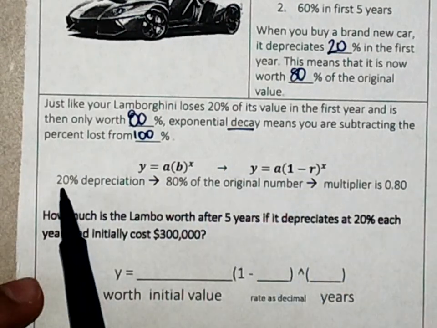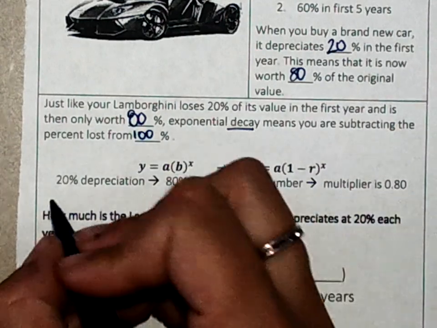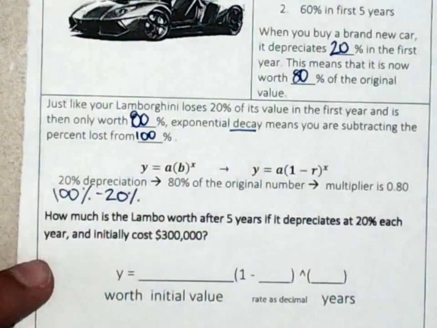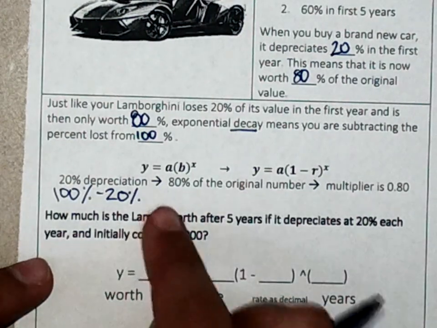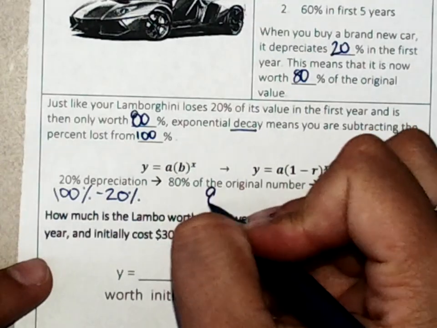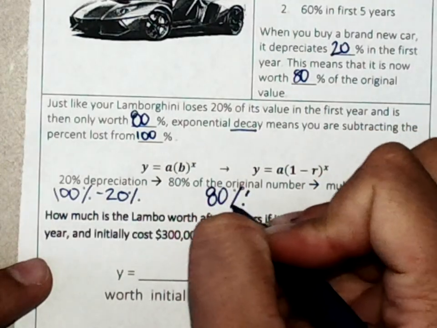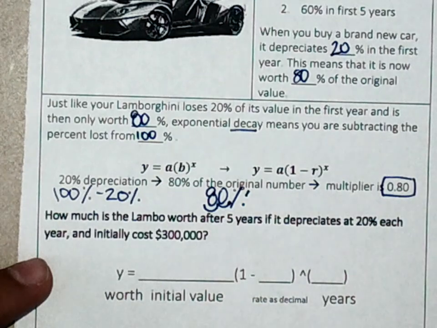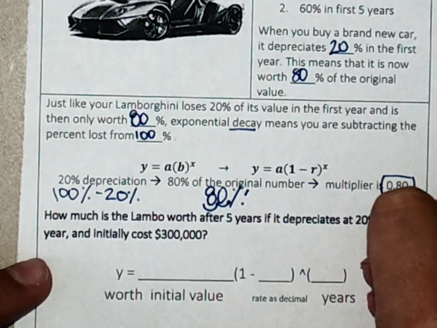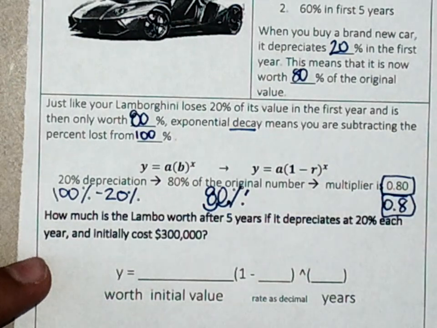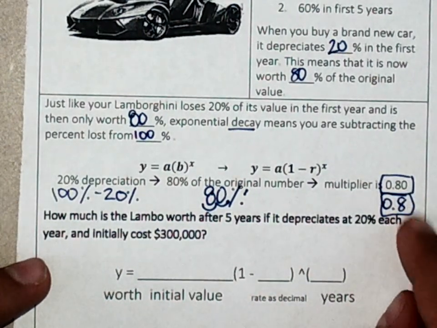So if 20% depreciation, that means I take 100% and subtract 20%. That gives me 80%, and when I convert 80% to a decimal, I move the decimal 2 times to the left, which gives me a multiplier of 0.080 or 0.8. These are the same.